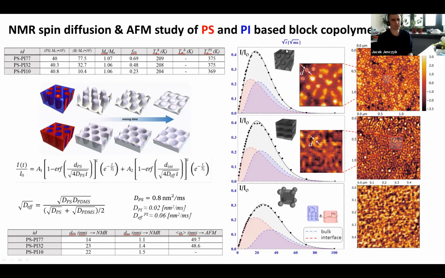Okay, so as you can see, there are two different components. The first component signifies the interface, while the second, the hard phase, and you can nicely combine that and compare that with AFM data.